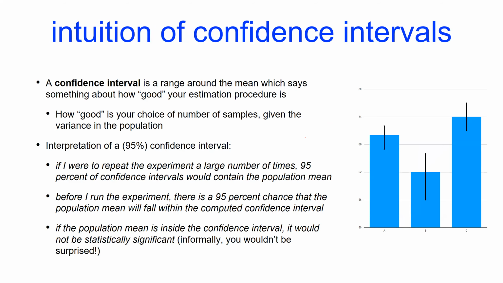So let's first try to describe some of the definition. Then I will try to help you, because this is not an easy concept to answer. A confidence interval is a range around the mean, which says how good is your estimation procedure.